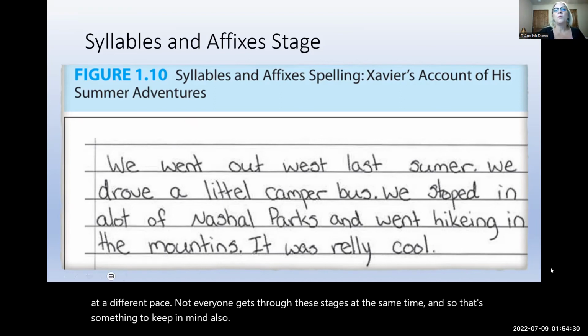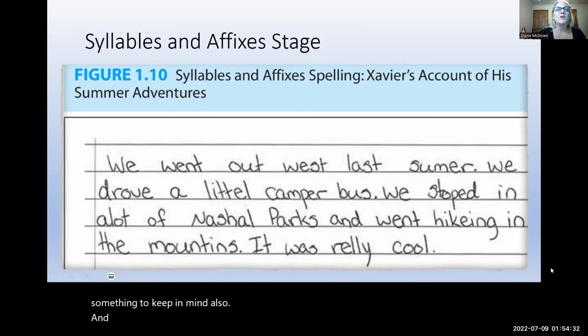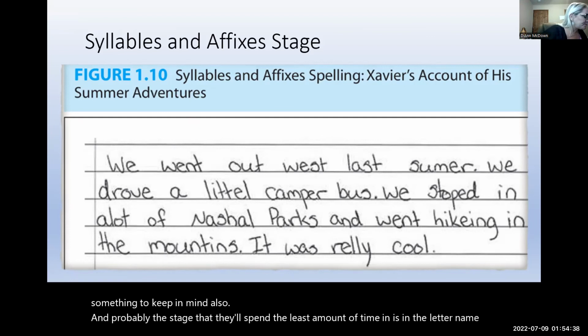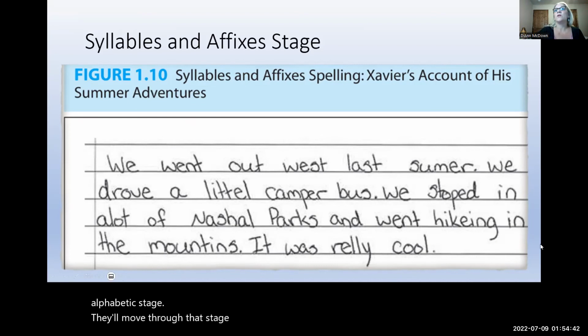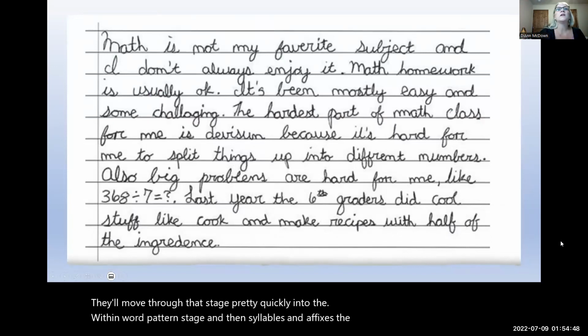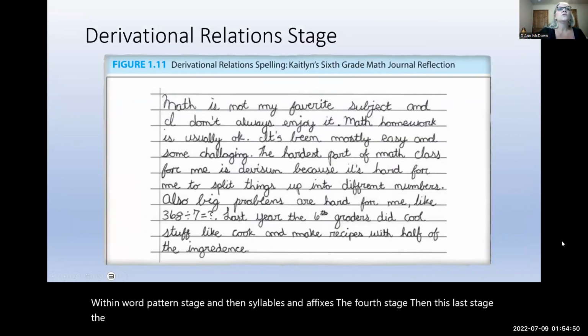Probably the stage that they'll spend the least amount of time in is the letter name alphabetic stage. They'll move through that stage pretty quickly into the within word pattern stage. And then syllables and affixes is the fourth stage. Then this last stage, the fifth stage, is what we call the derivational relations stage.